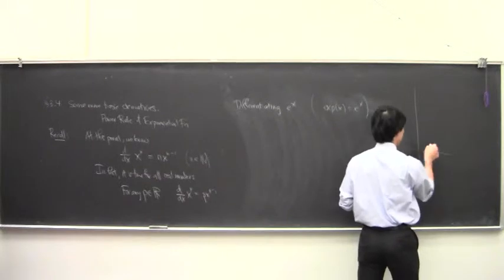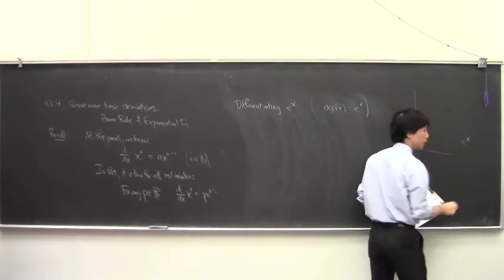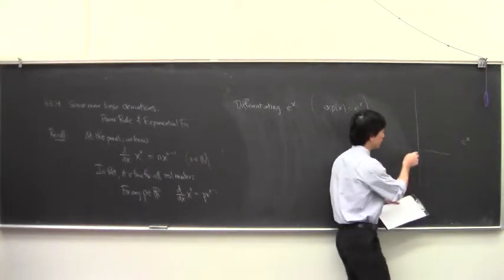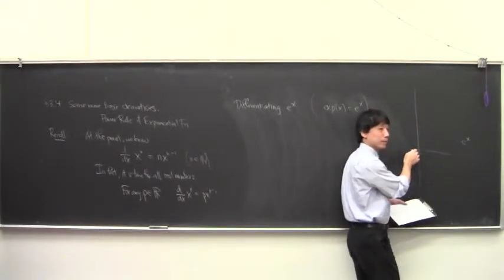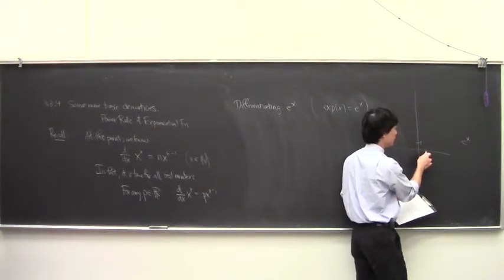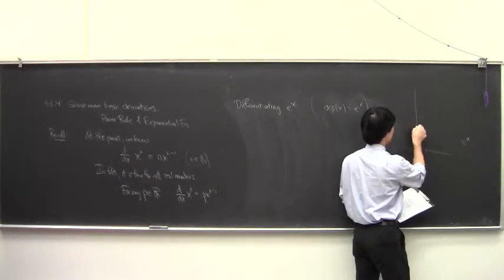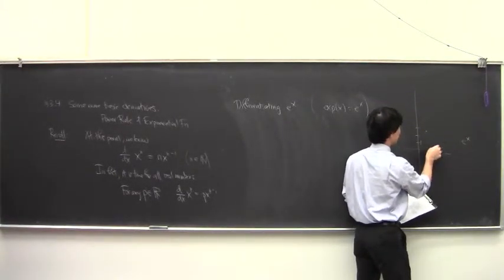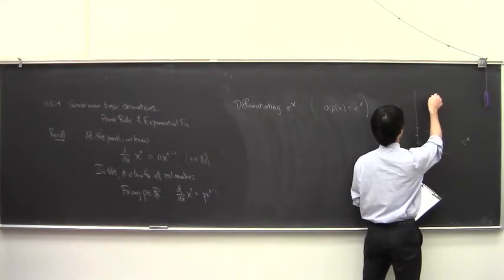So think about what e to the x looks like. At 0, it's e to the 0, which is 1. At 1, it's e to the 1, so that's somewhere before 3. At 2, it's e squared, somewhere around 9.